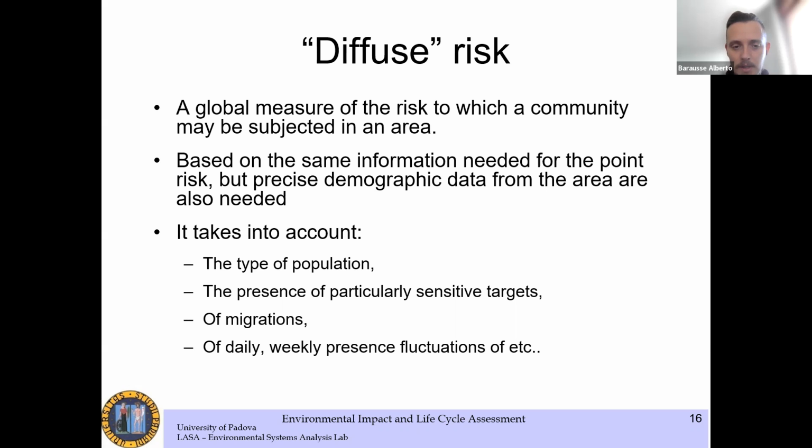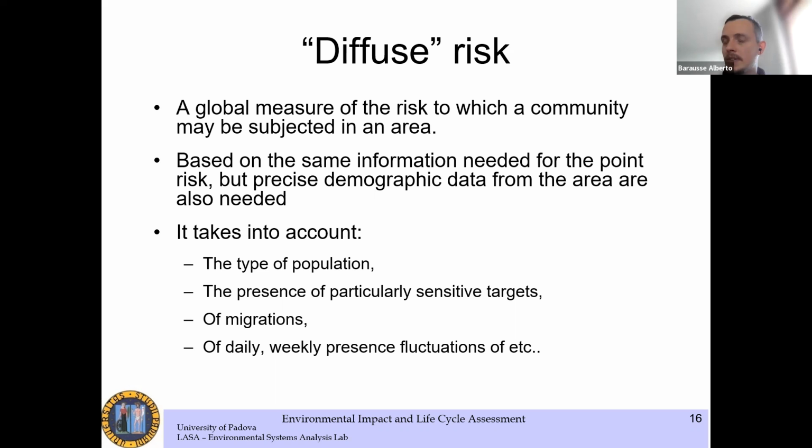So you usually need demographic data to estimate these diffuse risks, such as the age distribution of the human population, and in particular, the presence of sensitive targets. For example, people who are already ill or old, children. Why children?